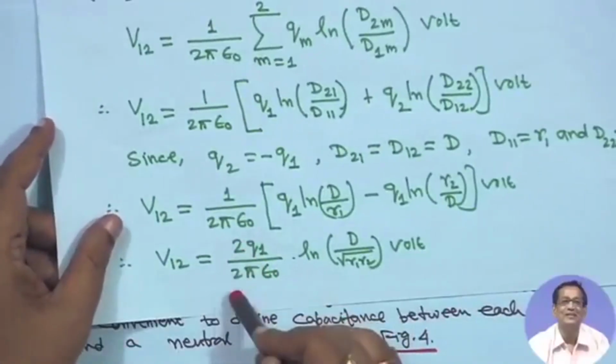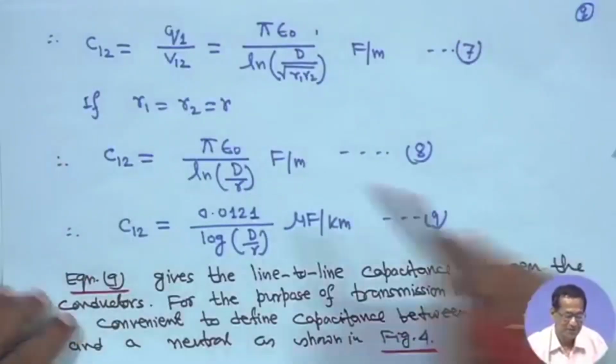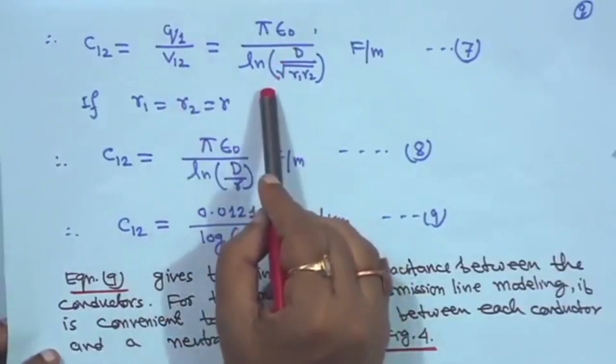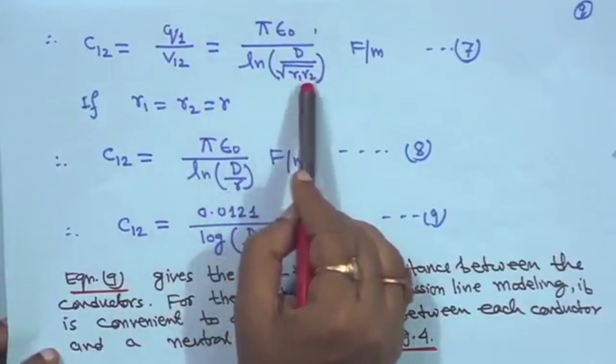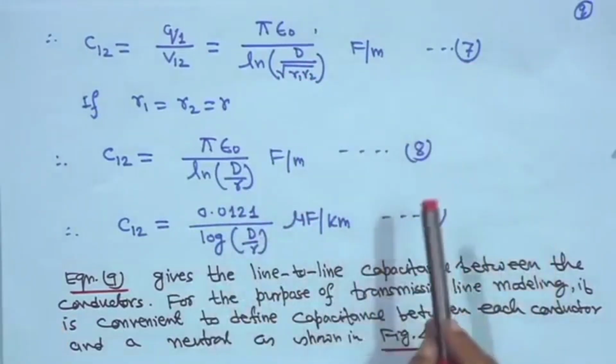So C12 is equal to pi epsilon 0 upon ln d under root r1 r2 farad per meter. This is equation 7, right.